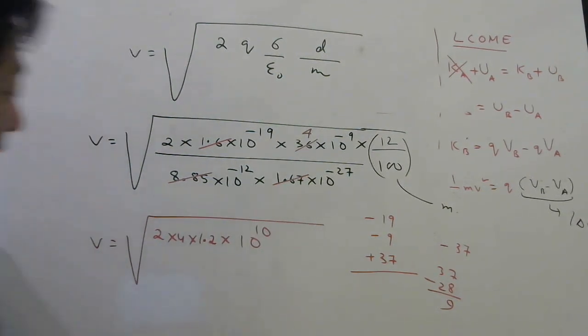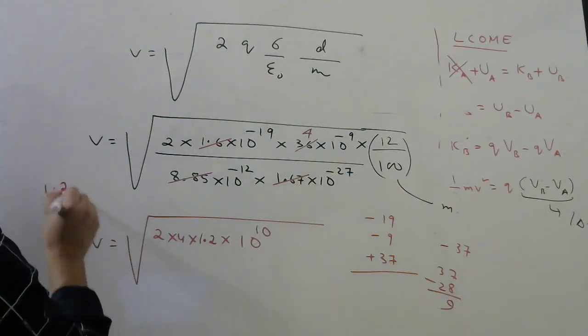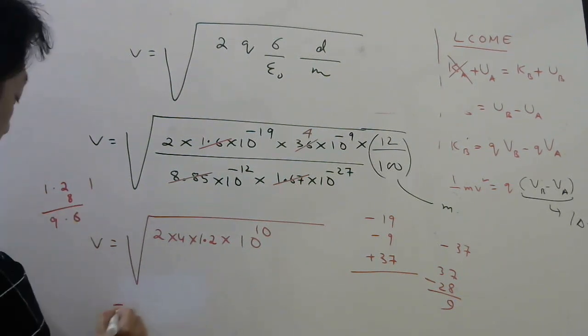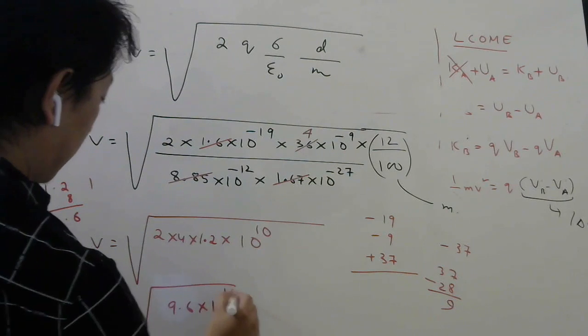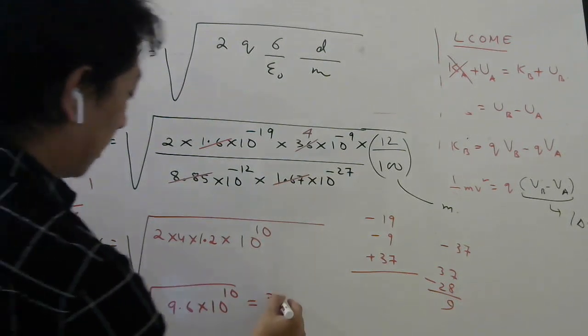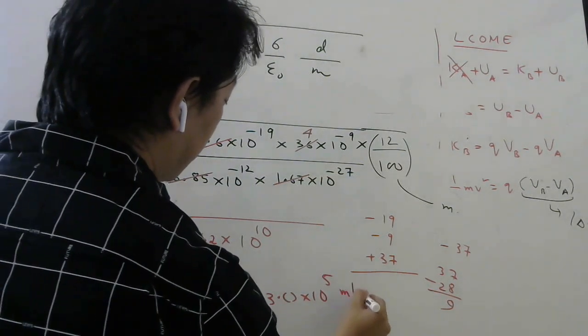Then you can see what you will get here: 4 2s are 8, so 1.2 into 8 will be 9.6. So root over 9.6 into 10 to the power 10. Now the square root of 9.6 is almost 3 point something, so 3 point something into 10 to the power 5 meter per second.